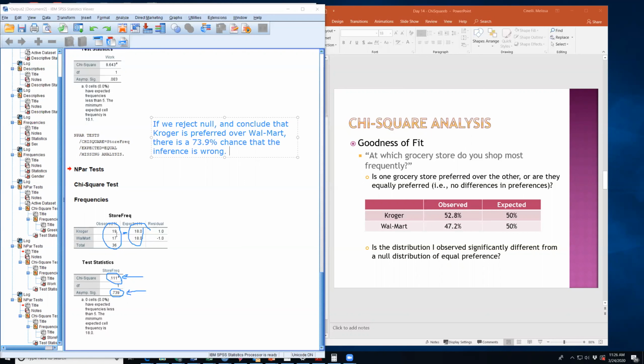All right, so if we took this evidence and said, well, 53 is bigger than 50, and so I'm going to conclude that business students or students at Ole Miss, whatever we want to say, this population that our sample represents, that these students really do prefer Kroger over Walmart, there's a 74% chance that that inference is wrong, and we're only willing to be wrong 5% of the time, so p is greater than 0.05.